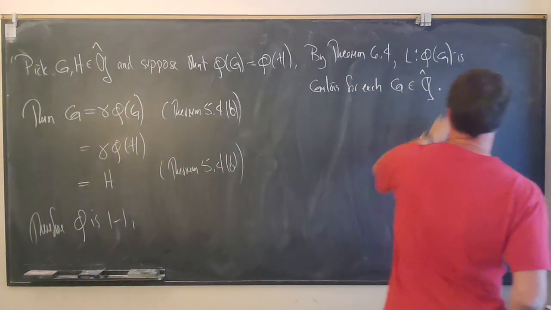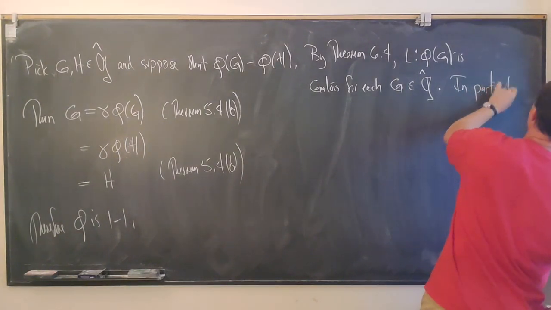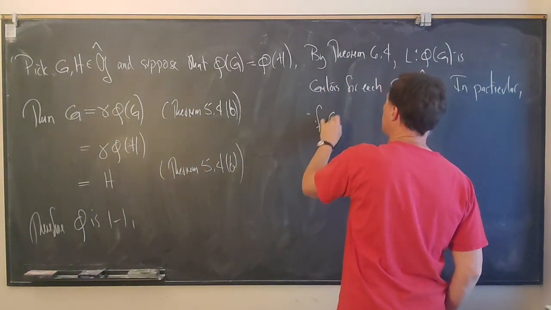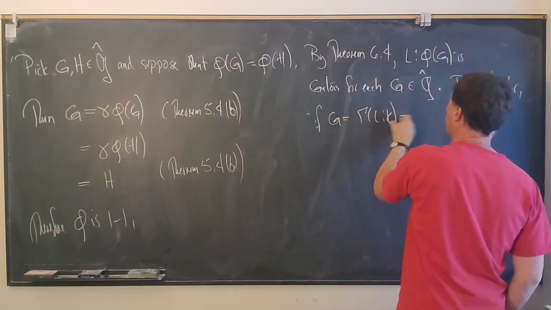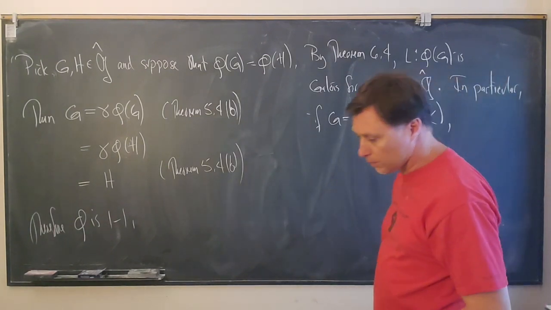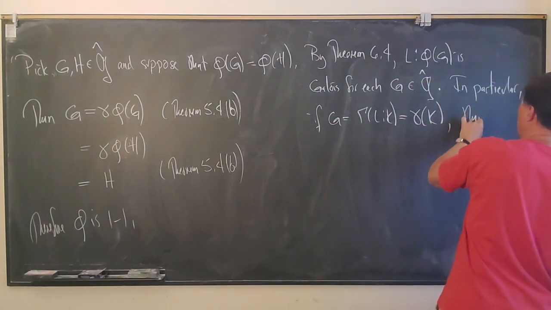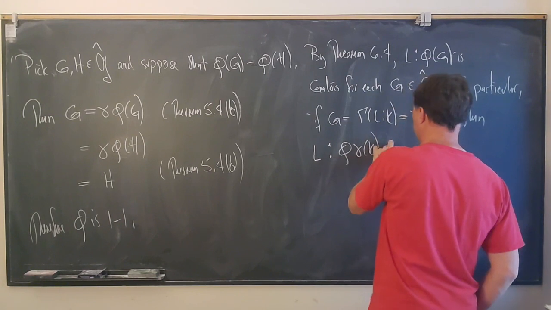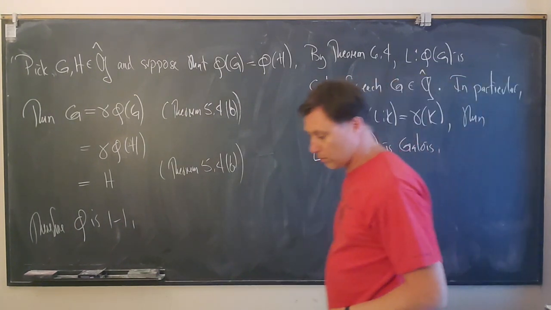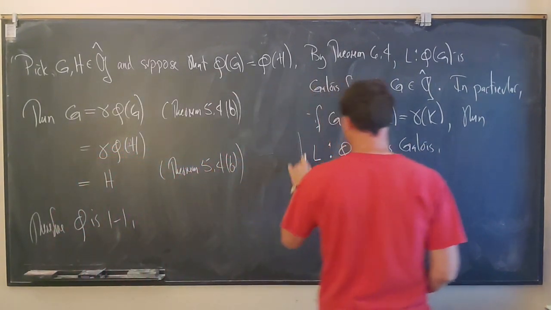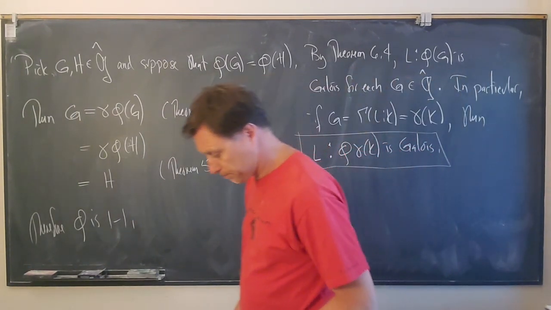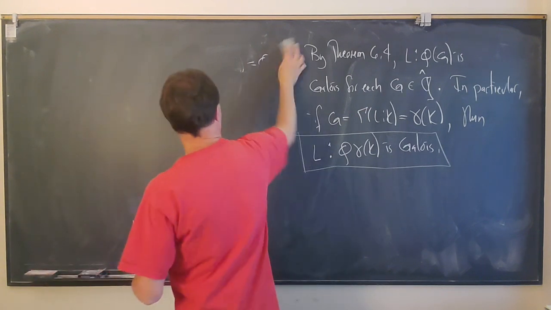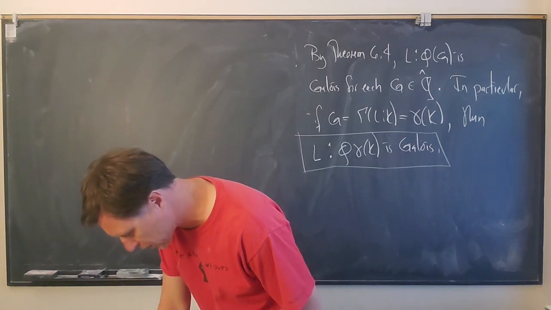Okay, so in particular, if G equals gamma of L over K, which is equal to gamma of K, then L over phi gamma of K is Galois. Okay, so I'm going to leave that up. This part right here, I'm going to use in one second.